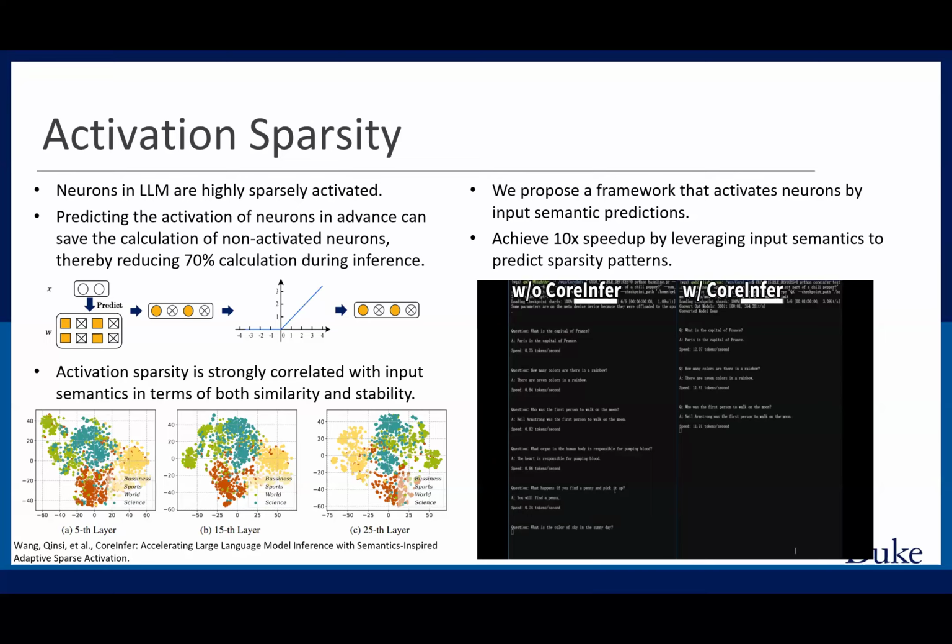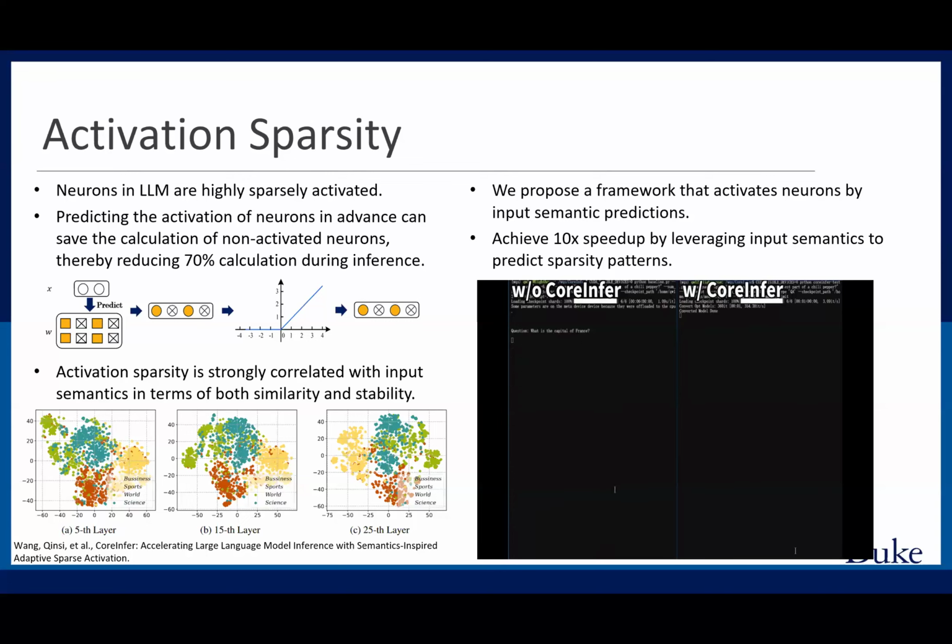We propose a framework that activates neurons based on the input semantic predictions. The short video here already shows that we can significantly speed up the operation on a single GPU and make the response within people's expected time.